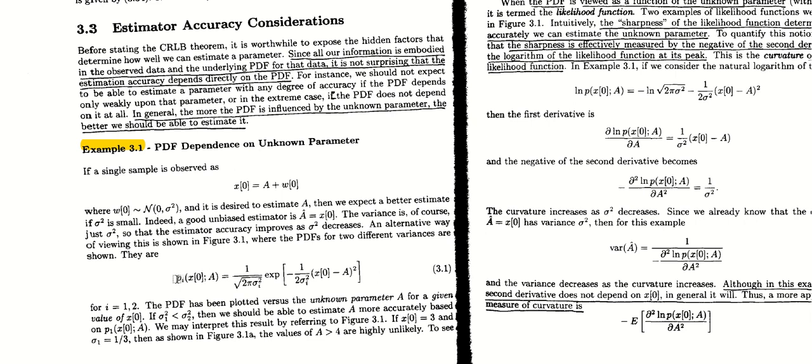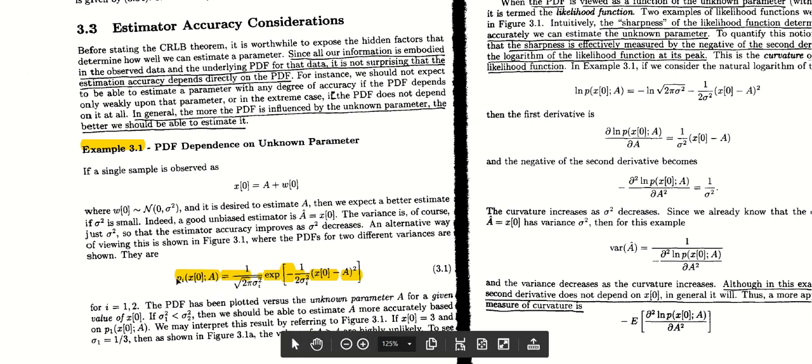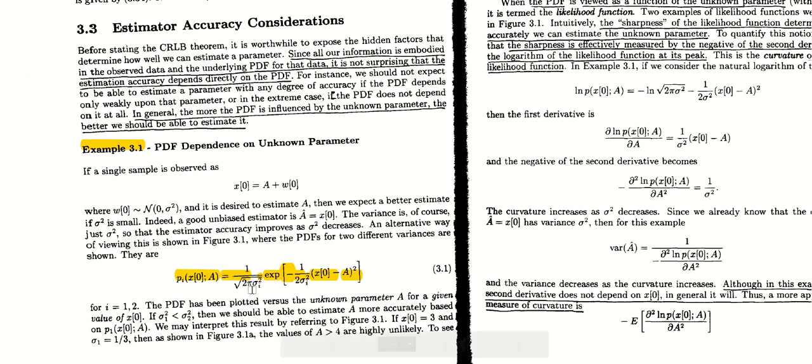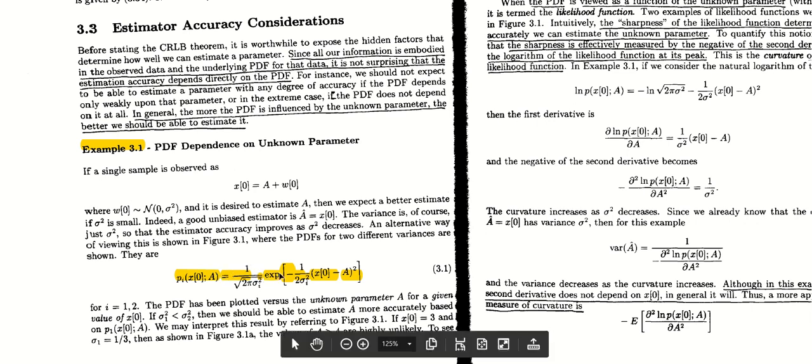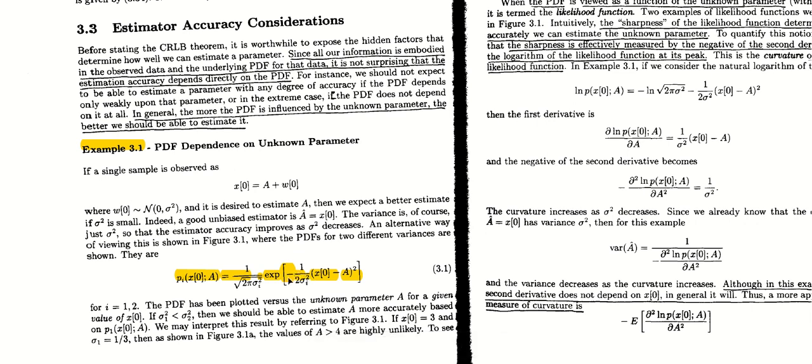If we write out the PDF, that is P of X conditioned on A equal to this, multiplied by exponential of minus 1 over 2 sigma_i squared.